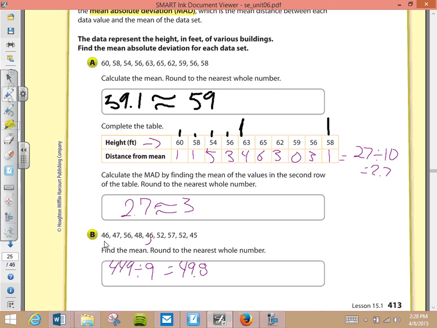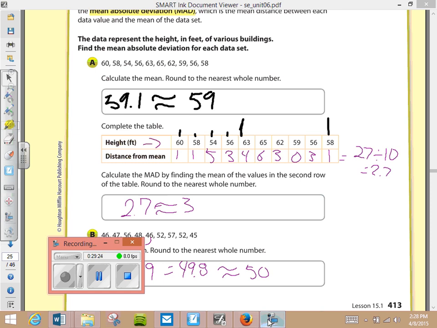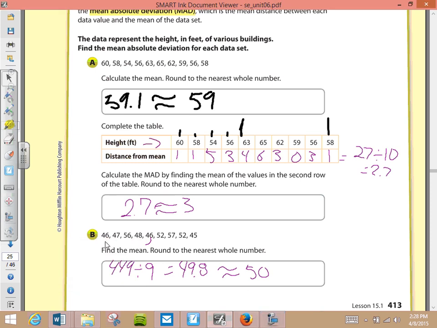So when you round it, you get 50, right? You basically round it to the nearest whole number, and it'll be 50. Yes. This is the easy part.